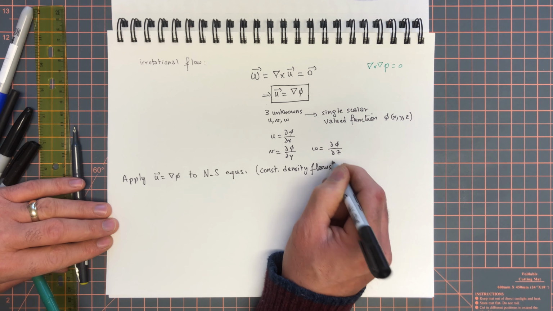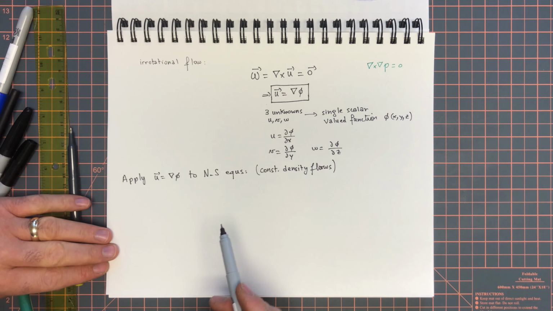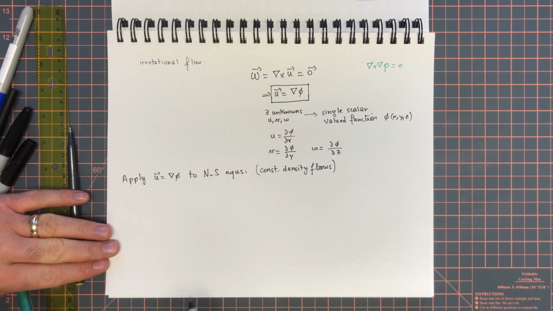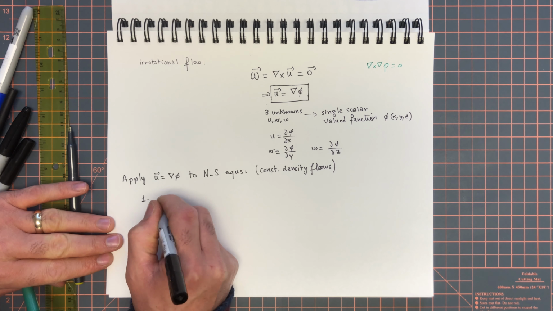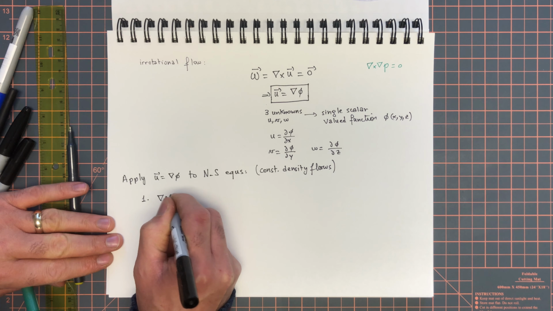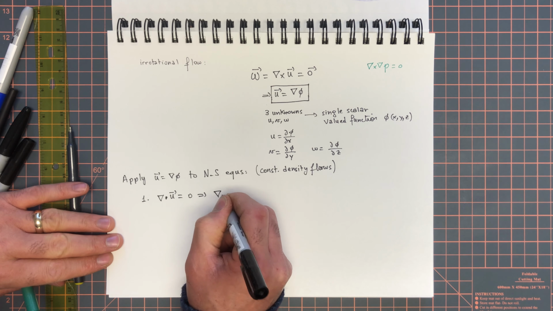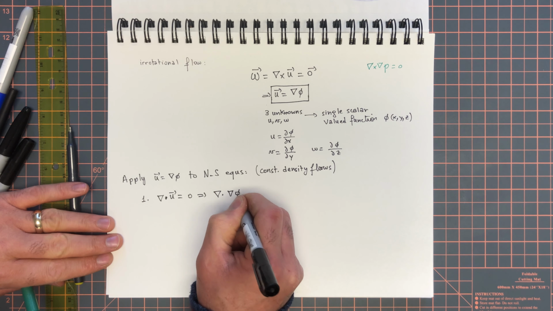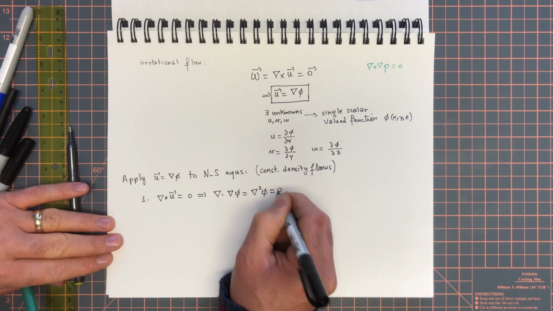The same can be done for compressible flows, but it's a little bit more complicated. The fun and easy results are with the constant density case. So we start with continuity. Div u equal to 0 implies that if u is grad phi, then div grad phi is equal to del squared phi equal to 0.